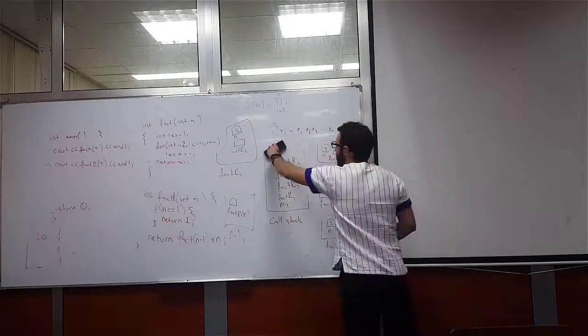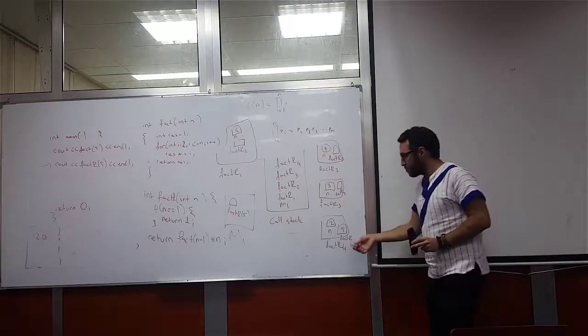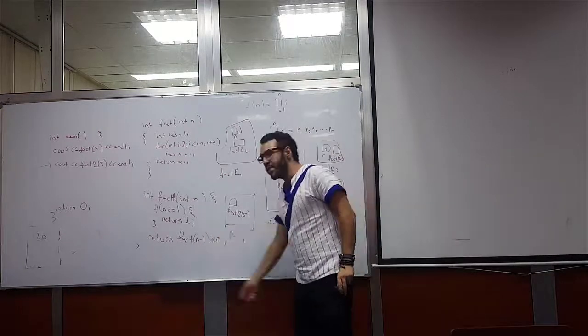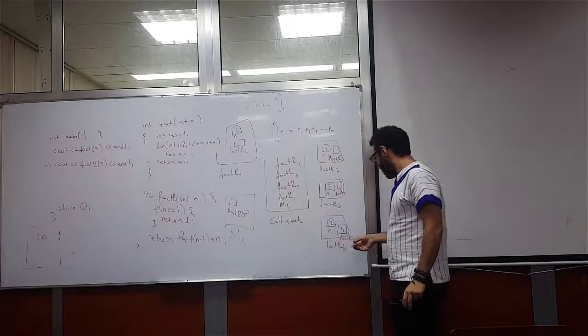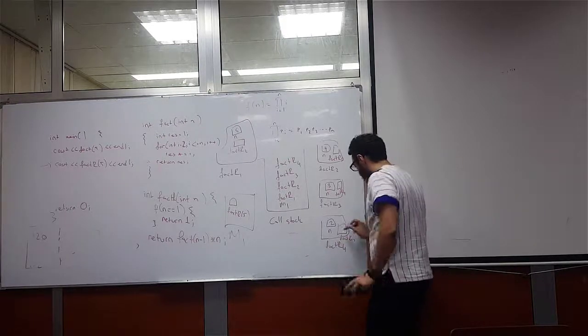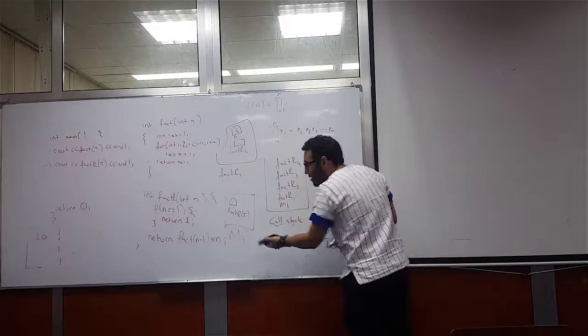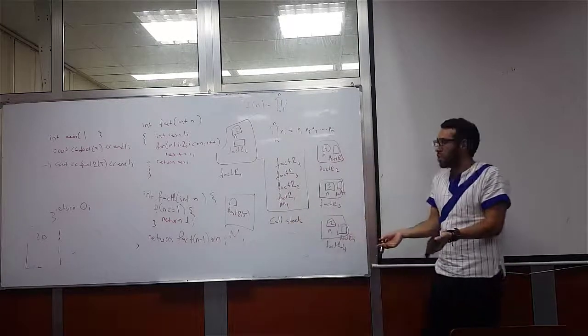And now we are done with fact R5 in the call stack. So we are back to the return statement. And sorry, this was not 5, this was 1. 1 is returned. So now we can continue with the execution because the value is calculated.